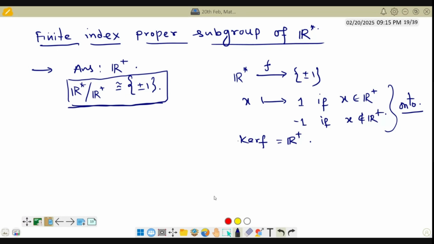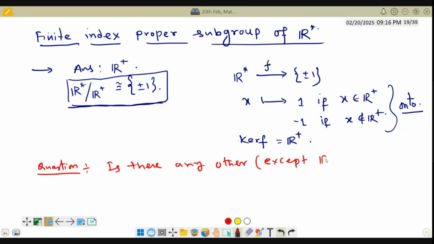So you are convinced that this is a finite index proper subgroup, right? Now the question is, is there any other one except R plus?